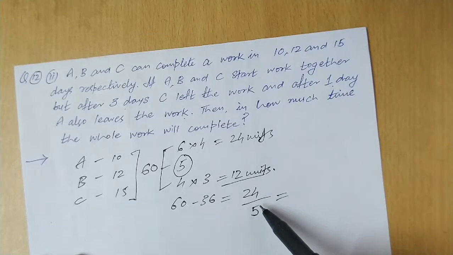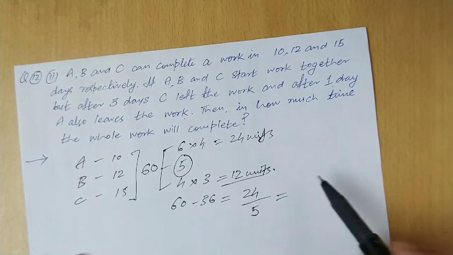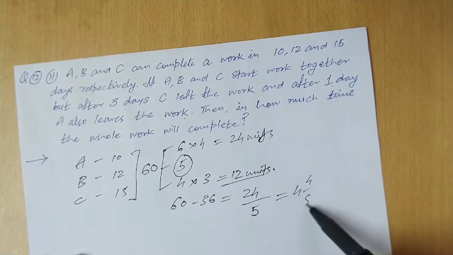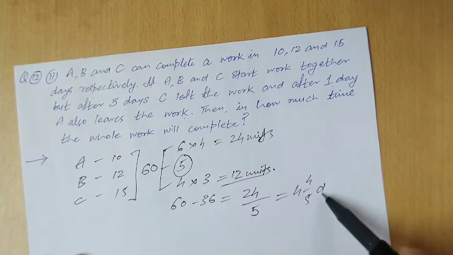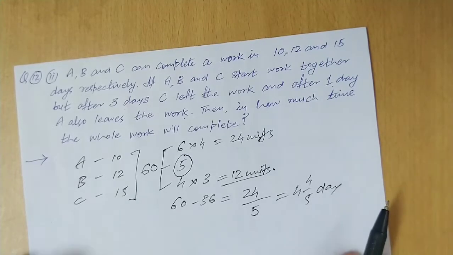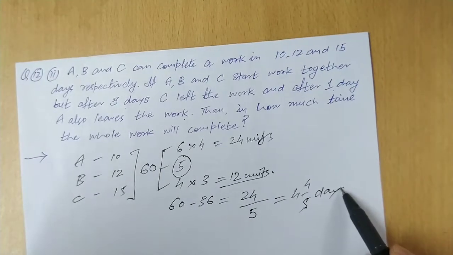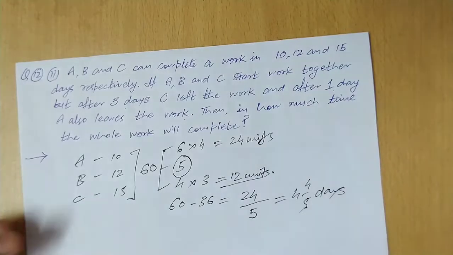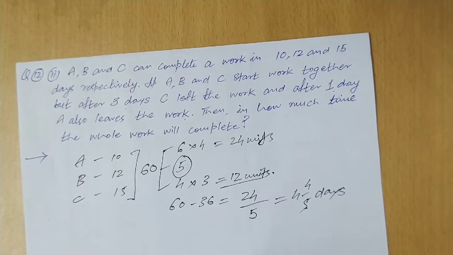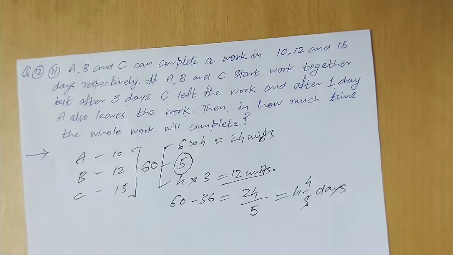So 24 remaining work divided by 5, we get 4 by 5 days. So in this question, 4 by 5 days is our answer. So the whole work will be completed in 4 by 5 days.